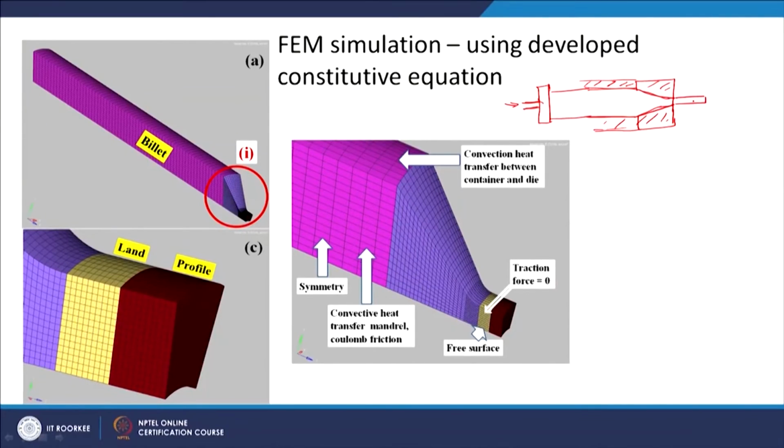So, how much ram force is required to do the deformation has already been measured in the actual shop floor. So, this process was simulated using finite element analysis, and these are the grid which you put on the billet for measurement of the stresses and strain during the deformation process, and we have used the constitutive equation developed by us to do this simulation.